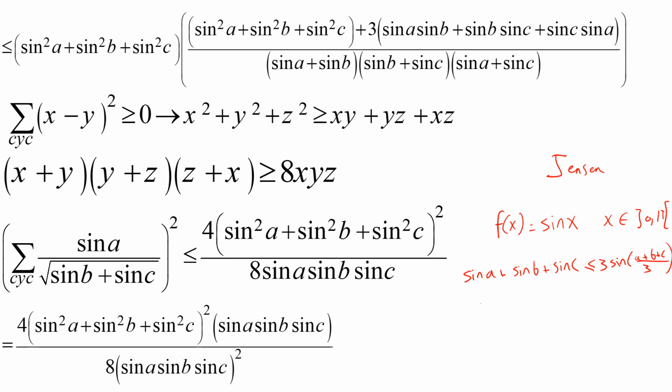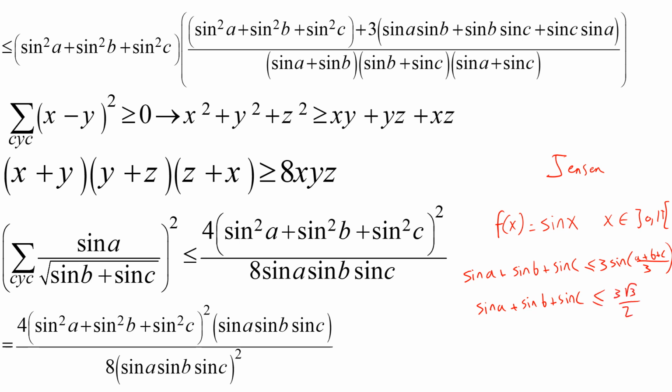And as a result, sine A plus sine B plus sine C, of course sine 60 equals root 3 over 2. When I multiply by 3, it will be less than or equal to 3 root 3 over 2.